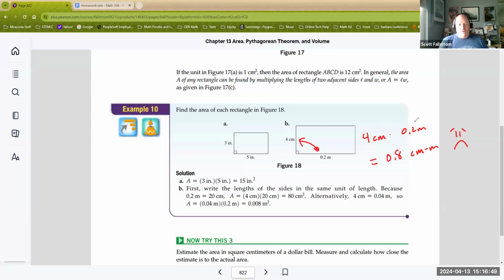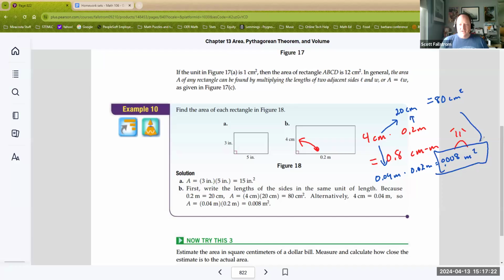So either convert 0.2 meters into 20 centimeters, multiply those and get 80 square centimeters, or turn the centimeters into 0.04 meters, multiply by 0.2 meters, and you will get 0.08 meters squared.